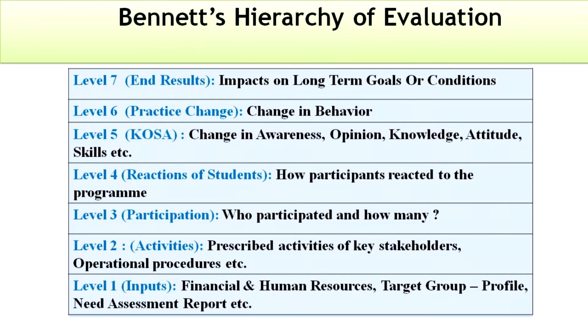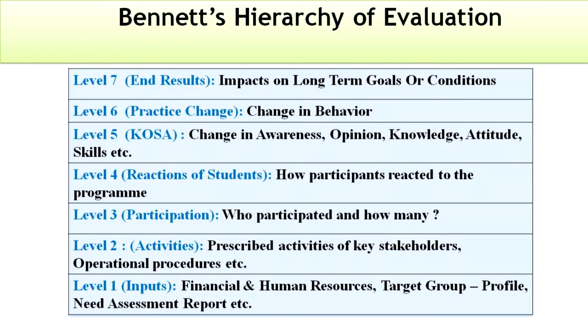Then at level 5, we see knowledge, attitude, skill, and practice changes, etc. For example, if the objective is to change knowledge, then what is the change? If the objective is to impart skill, what is the change in the skill? And then level 6 is the practice. Ultimately, when knowledge, attitude and skills are changed, it results in behavioral change.